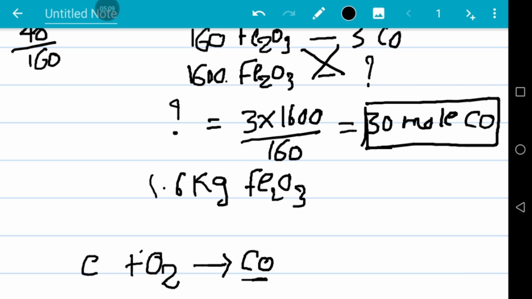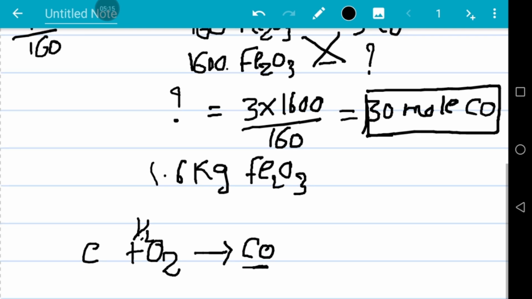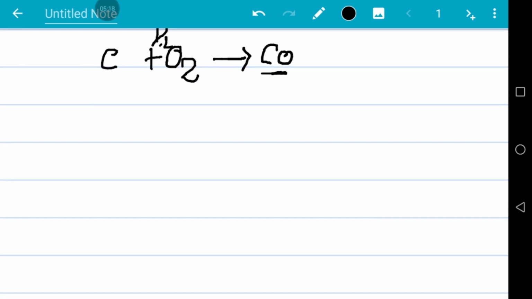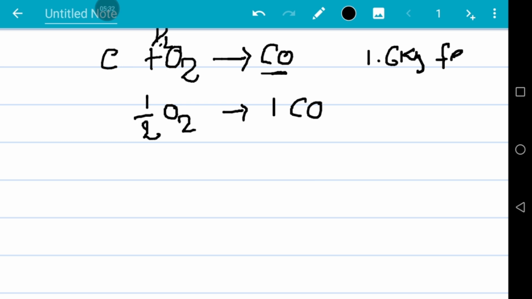When you do the balancing equation, it is half O2 gives rise to CO. From this equation we can say half a mole of O2 is required to produce 1 mole of CO. But to reduce 1.6 kg of Fe2O3, 30 moles of CO is required. So here half a mole of O2 is required to produce 1 mole of CO.